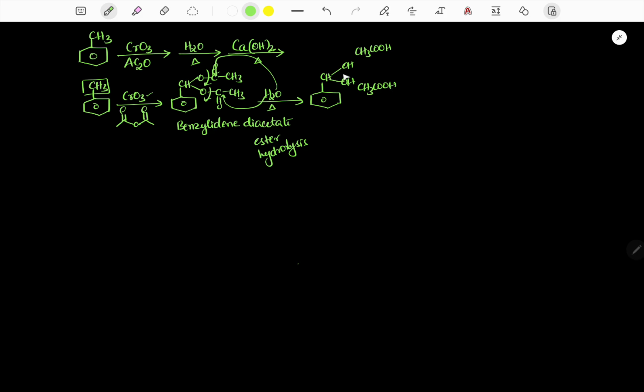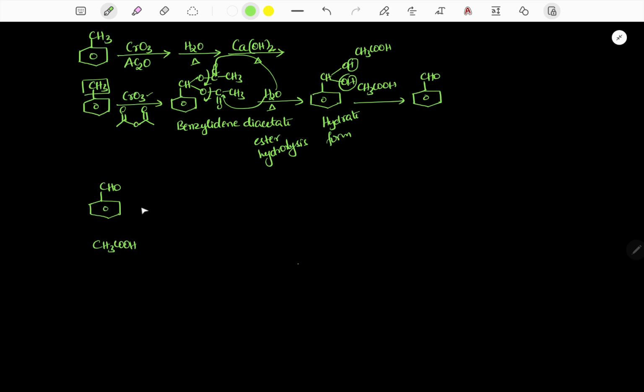And we know that when the carbon connected to benzene has two OH groups, it is called the hydrate form. The hydrate form is unstable at room temperature. It immediately loses water and finally converts into benzaldehyde. Therefore our products are benzaldehyde and acetic acid.